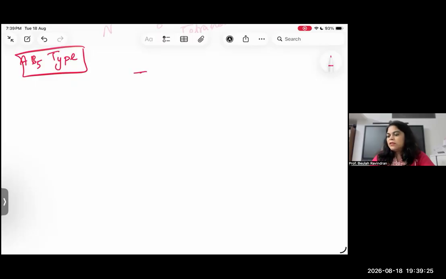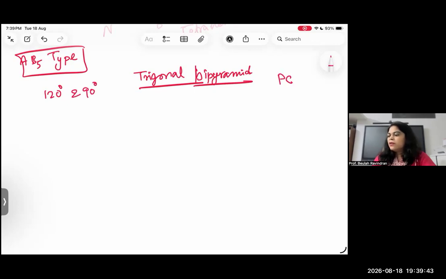So AB5 type means it is definitely trigonal bipyramid. It's very interesting and you have to learn all these things. The shapes of the molecules have bond angles 120 degree and 90 degree. So the greatest example is PCl5.